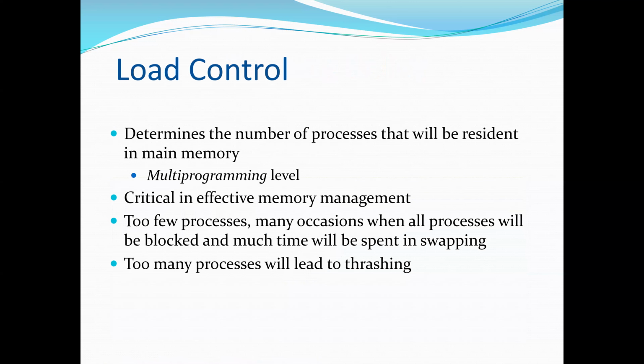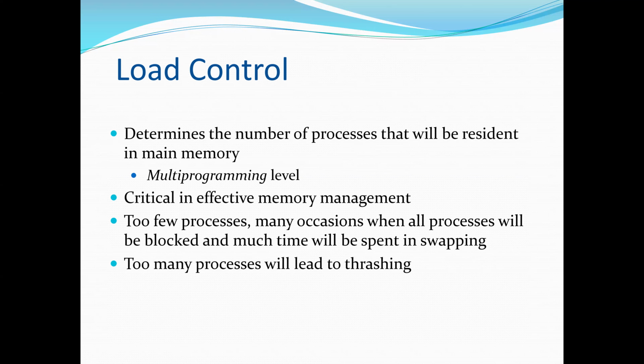The next is the load control, which is concerned with determining the number of processes that will be resident in the main memory. This has been referred to as the multiprogramming level. The load control policy is critical in effective memory management.